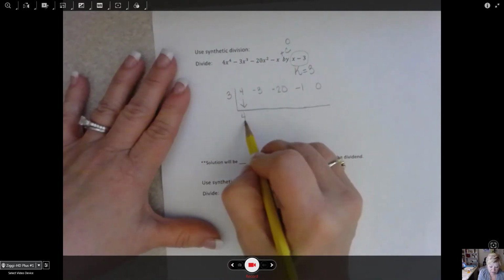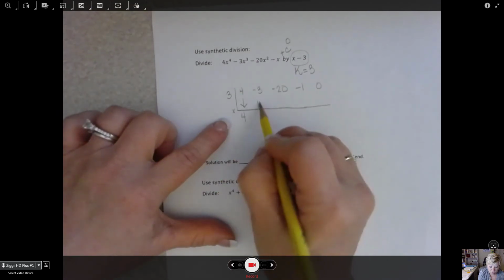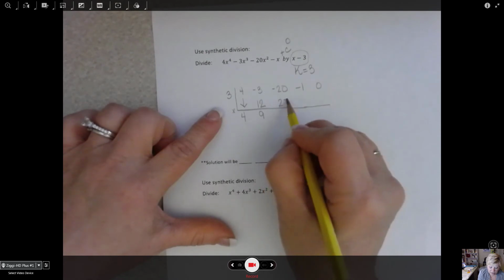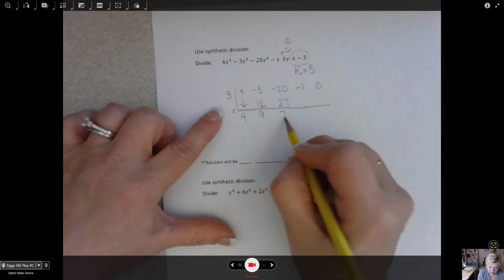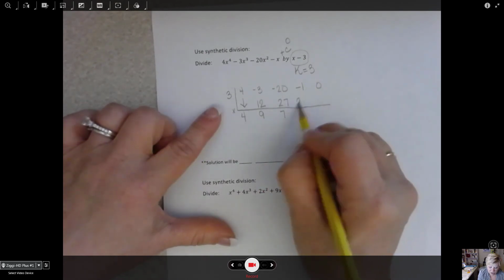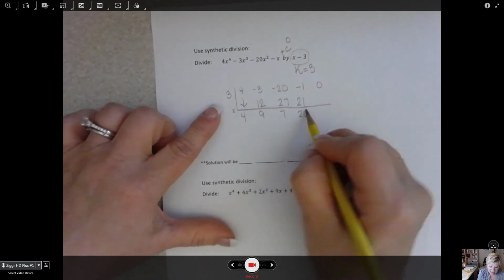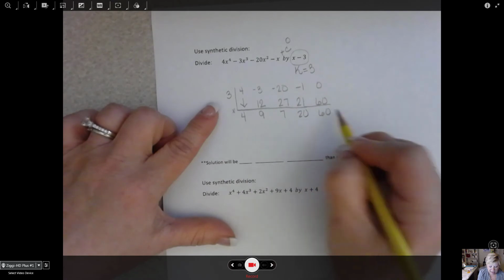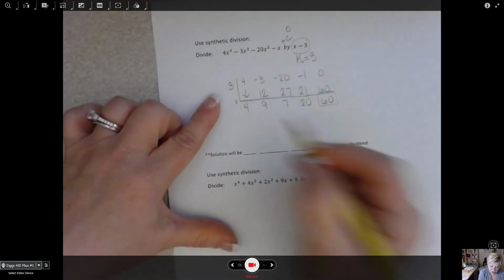Let's get started. 4 times 3 is 12, add. 9 times 3 is 27, add. 7 times 3 is 21, add. And 20 times 3 is 60, add. And that's my remainder.